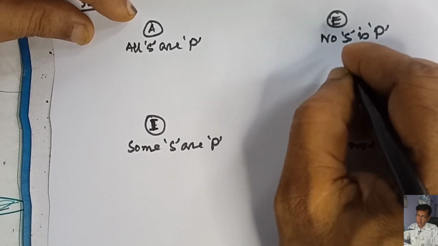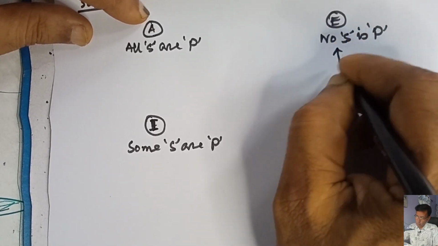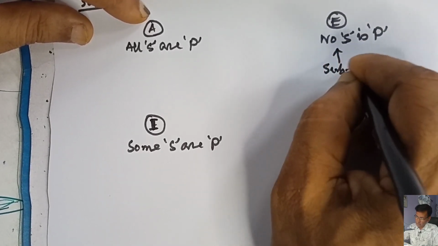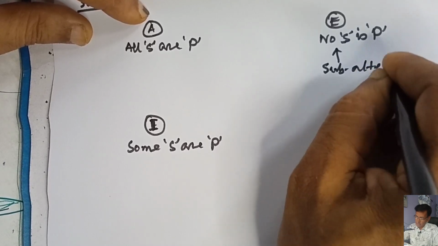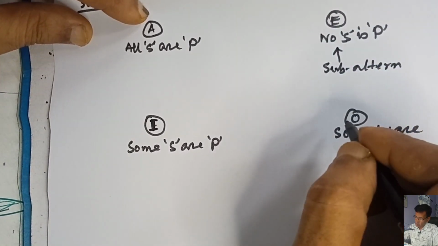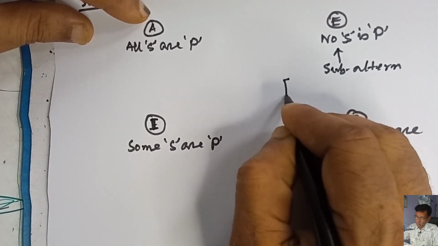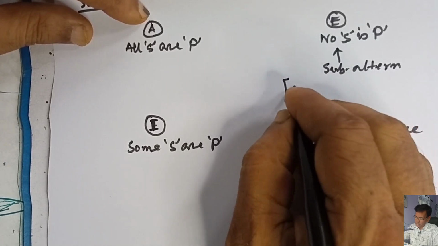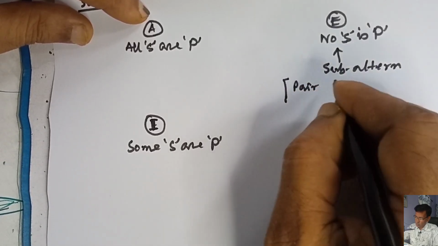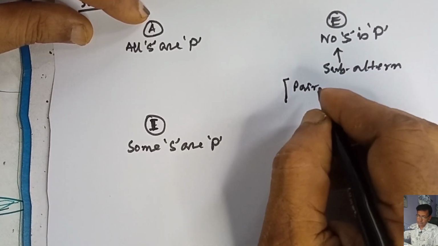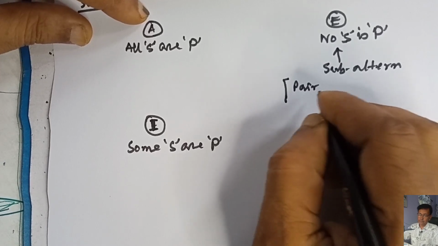That means it is subaltern. And in case of subaltern, pair both can be true, both can be false.